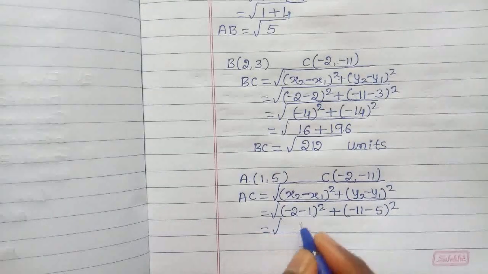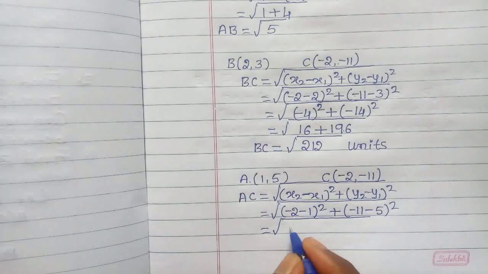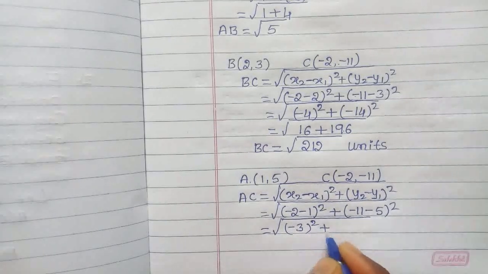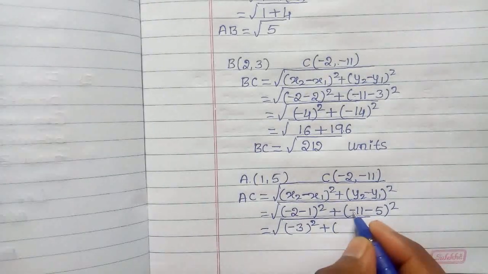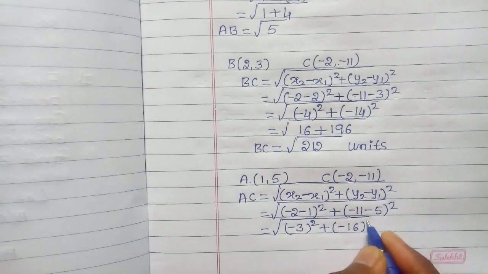Then square root of, if two numbers have the same sign, add and put the same sign. 2 plus 1 is 3, minus 3 whole square, plus minus 11 minus 5 is minus 16 whole square.